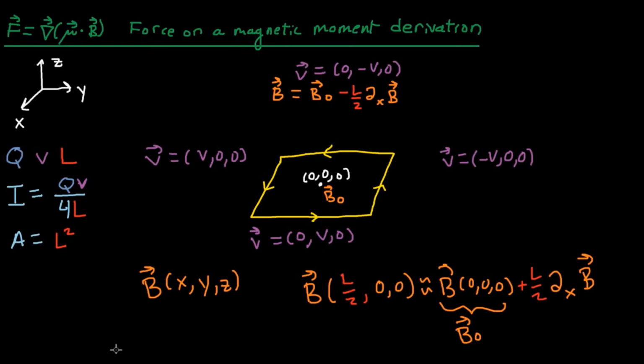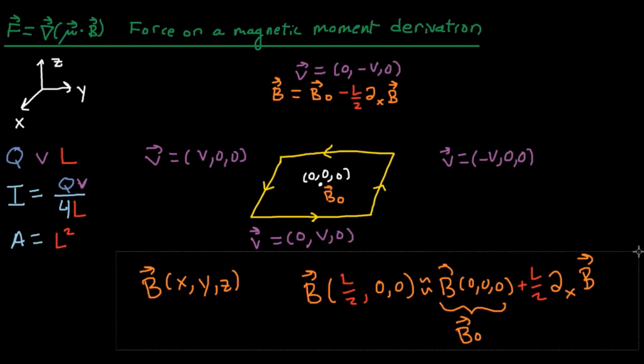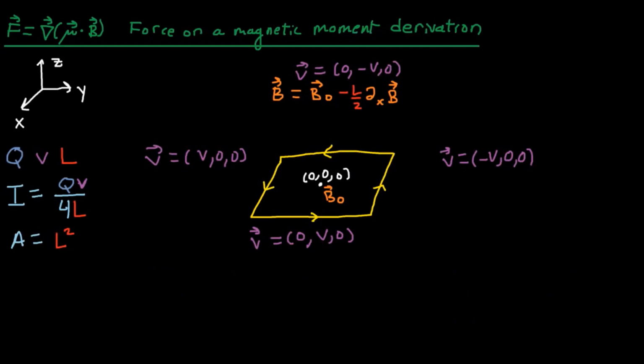All right, so let me just get rid of this, and let's finish labeling what B is on each of the other three segments of wire. So at this bottom segment, we have that B is B naught, and then here we have plus L over 2 partial x B, the derivative of B evaluated at the origin.